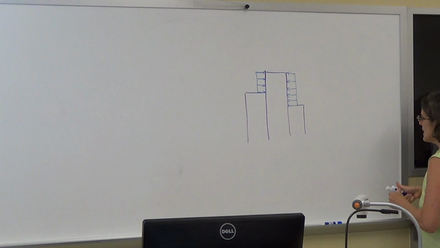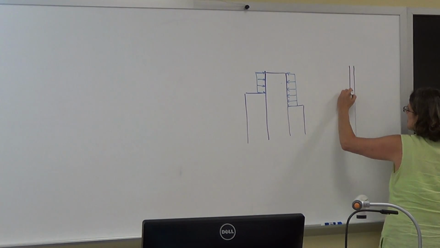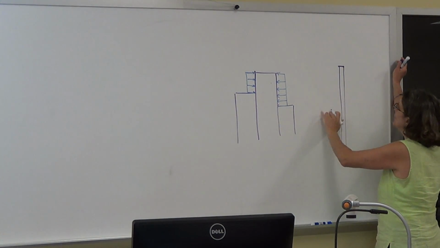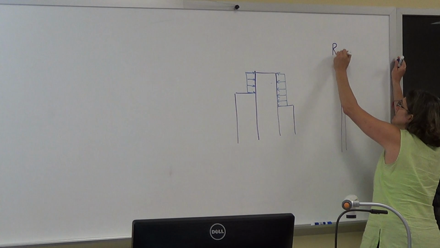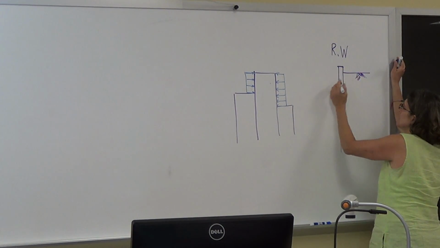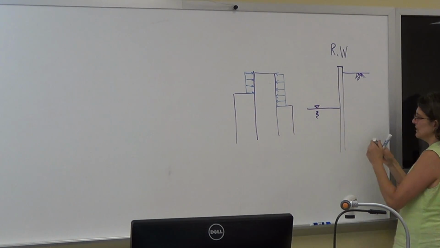Another example is if I have a pile, a foundation, that's holding up something up here in the water, or no, let's do a retaining wall. On one side, it has soil, and on the other side, this is the symbol for water. There's water here.